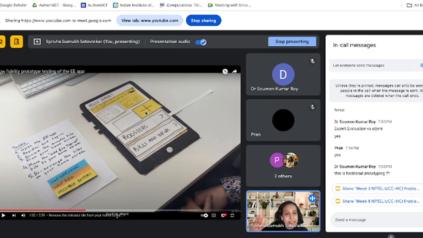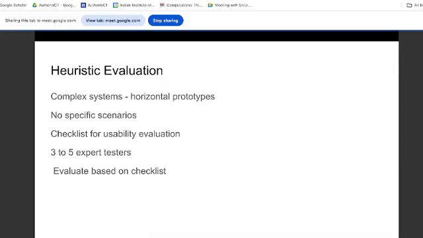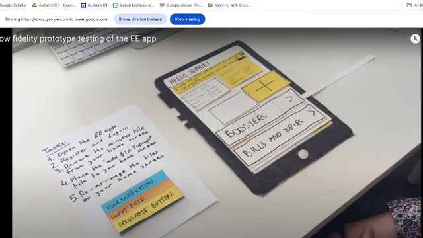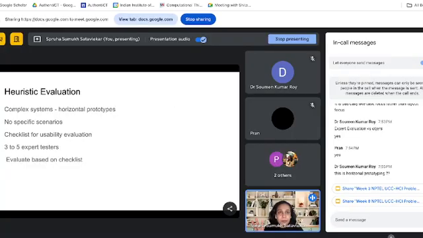So here in this example, we saw this is a vertical prototyping. Usually, low fidelity you will do vertical prototyping only, because it is concerned more with the task execution. But you can also do this for horizontal prototypes.